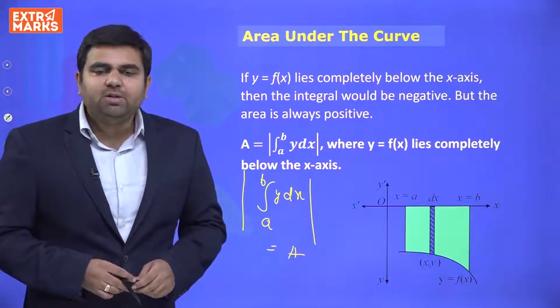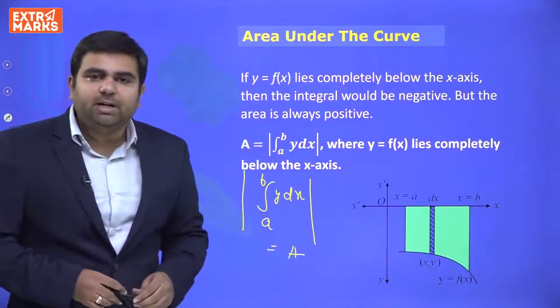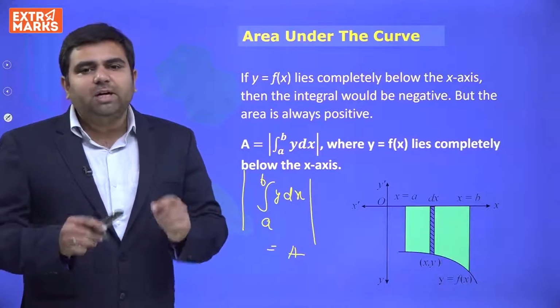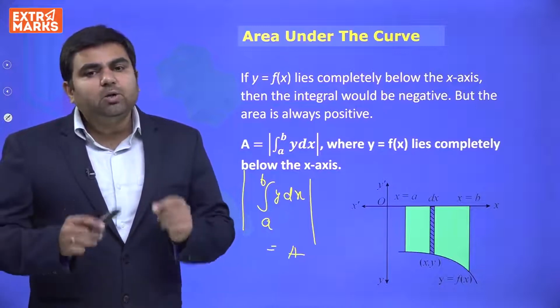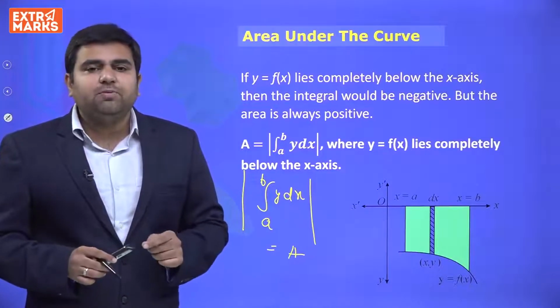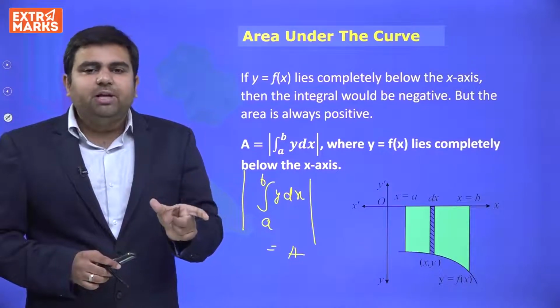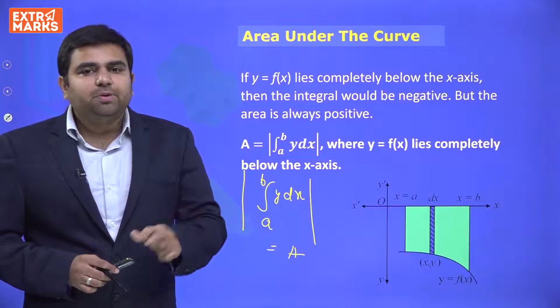So this is the case when a portion of the curve goes below the x-axis. Please remember, students, whenever a portion of the curve y equal to f of x goes below the x-axis, and we need to find the area of that portion with respect to the x-axis between two fixed ordinates, we need to apply the modulus.